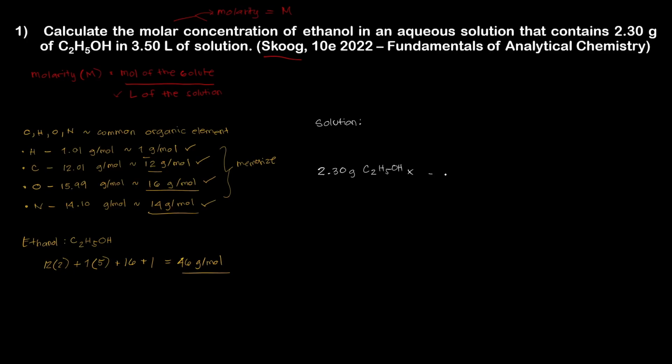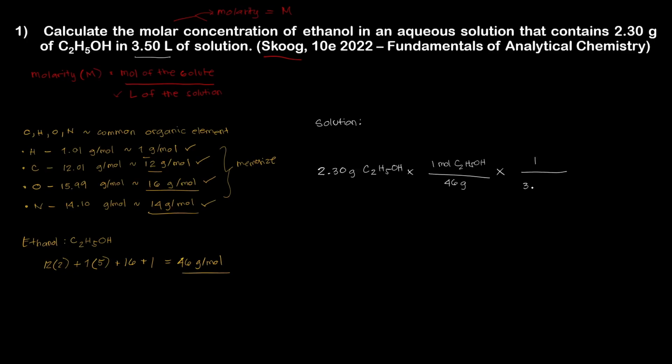And using the molar mass, you know that 1 mole of ethanol is 46 grams, right? Now you have the moles, now you need the liters, and it is given. You have 3.50 liter solution.